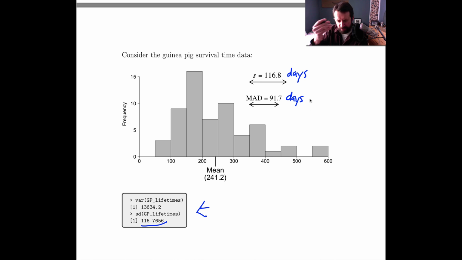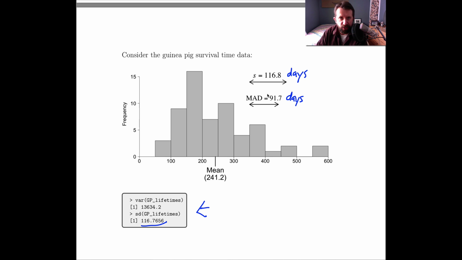So let's think about this, though. A couple of things. Just mathematically, how it turns out, because of that squaring, etc., the standard deviation cannot be less than the mean absolute deviation. So we see that it's a little bigger here. And it's going to be, right? So the standard deviation cannot be less, and it's typically going to be a little bit larger, but it depends on the shape of the distribution and a lot of stuff.